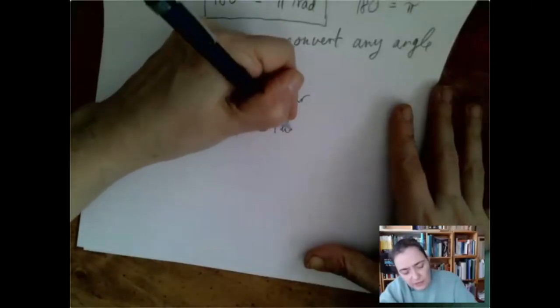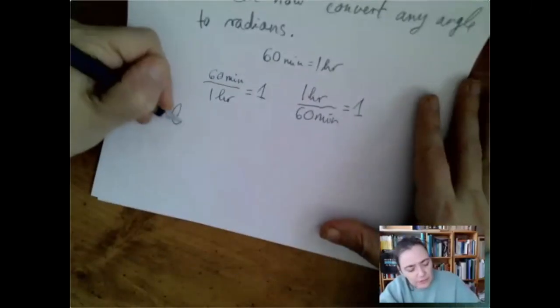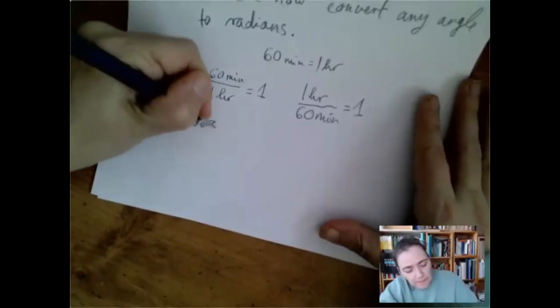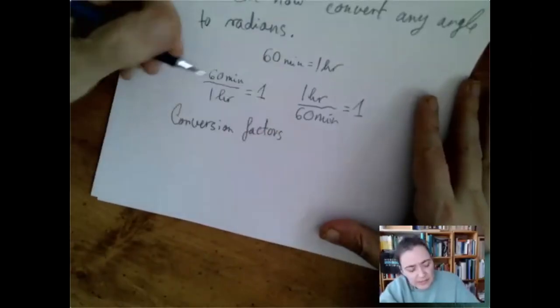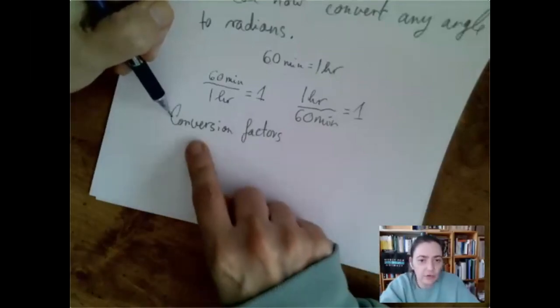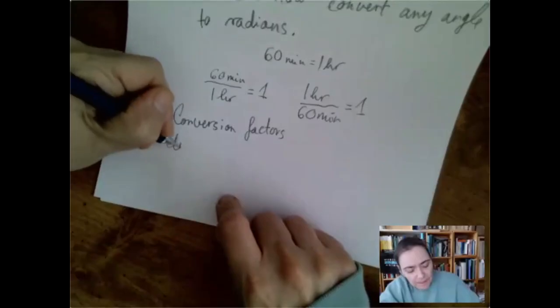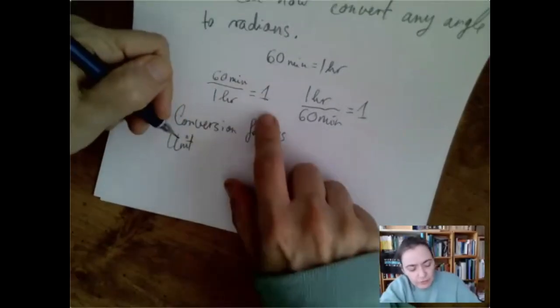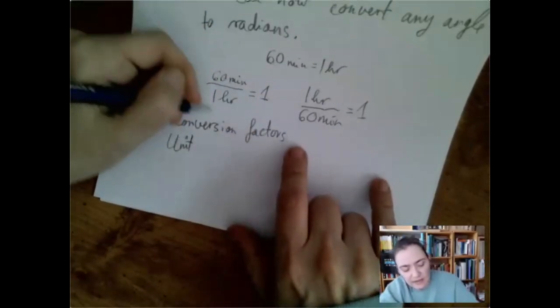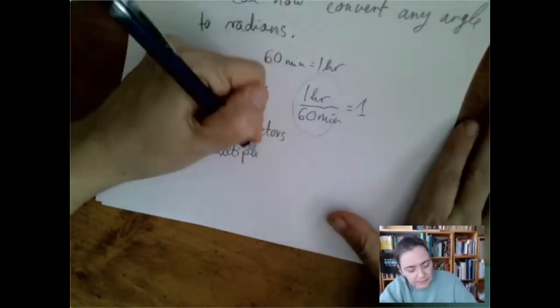And so is 1 hour divided by 60 minutes. And these are called conversion factors. I like that name because it tells you that we are multiplying by these things and we use them to convert. And unit multipliers, I like that name too, because unit is just a fancy word for one. These two fractions have value 1. And guess what? We're going to multiply by them.